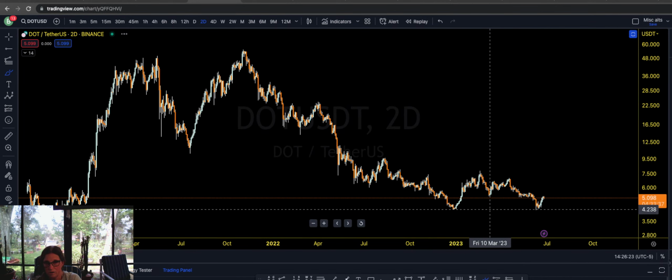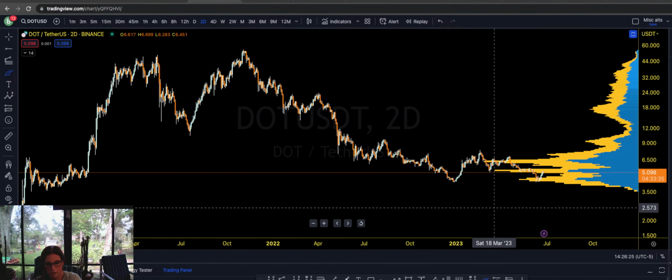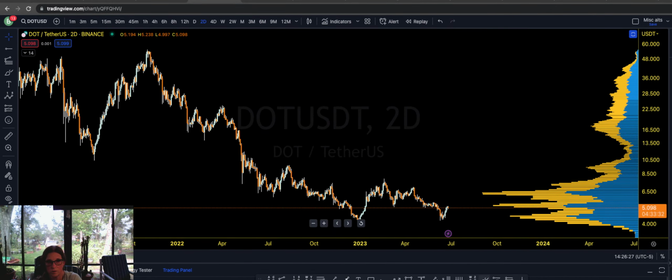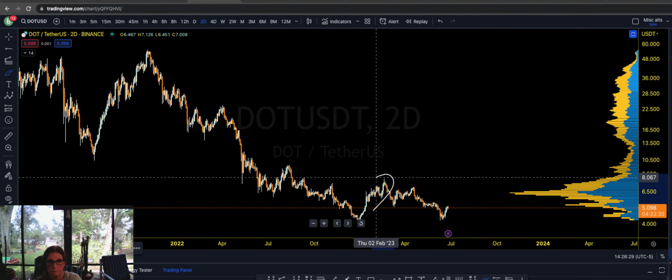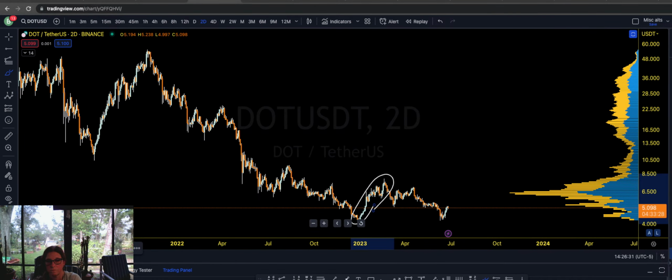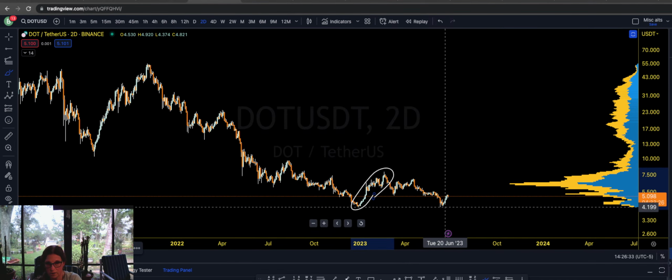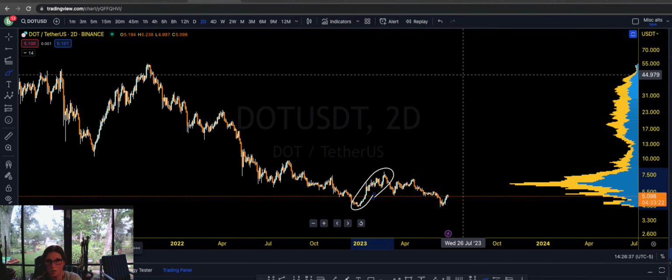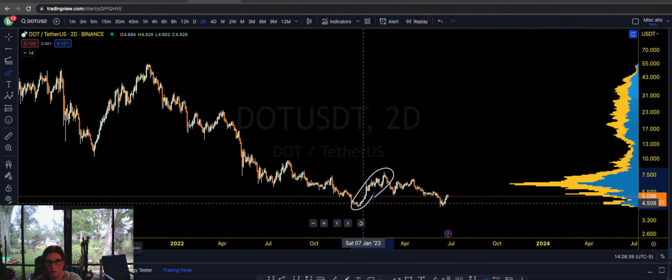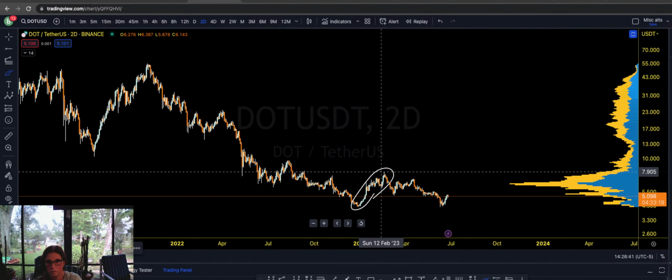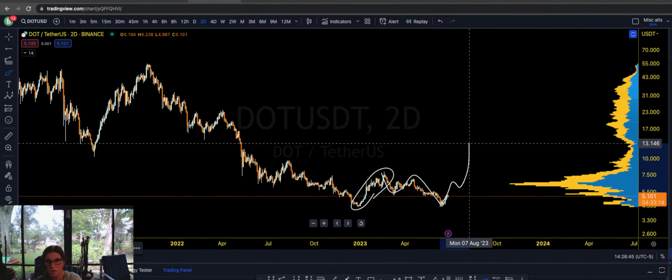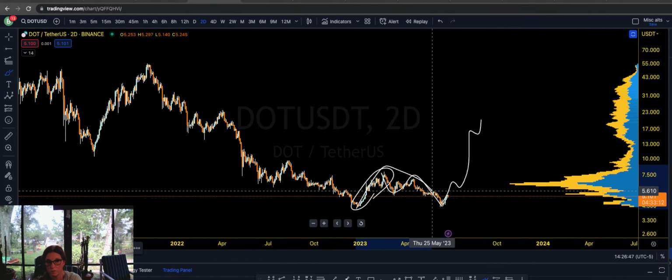Same with DOT. Okay, this is the leg that we wanted the partner for. We didn't want it to come this deep, but it did. So if this is going up, then this leg is still getting a partner, and we could get a C wave. Okay, 3, 3, 5.